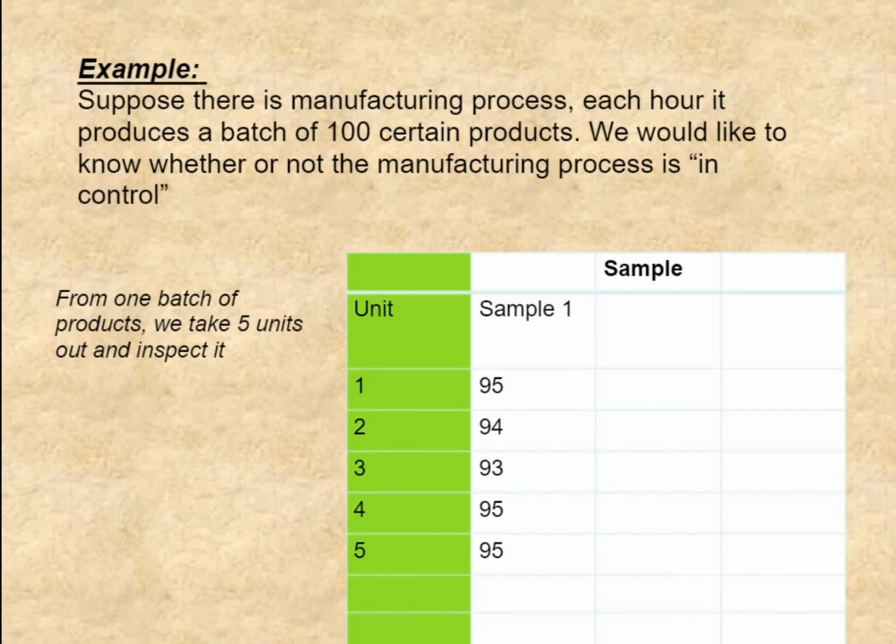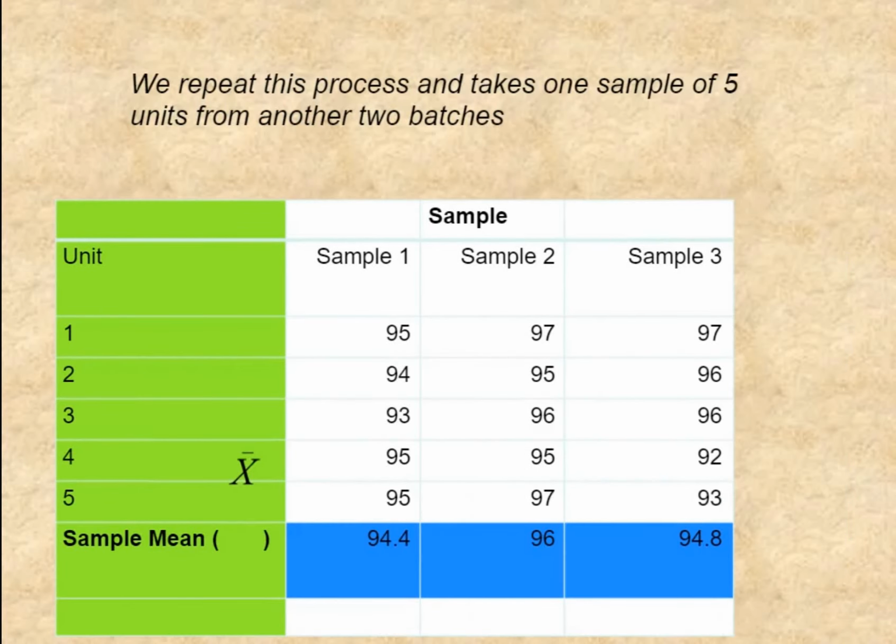Within the sample there are 5 units, and the measures of these 5 units are in the first column. Then we repeat this sampling process. From another batch, we take another sample. We call that sample 2. In the sample, there are 5 units as well. So 1, 2, 3, 4, 5.